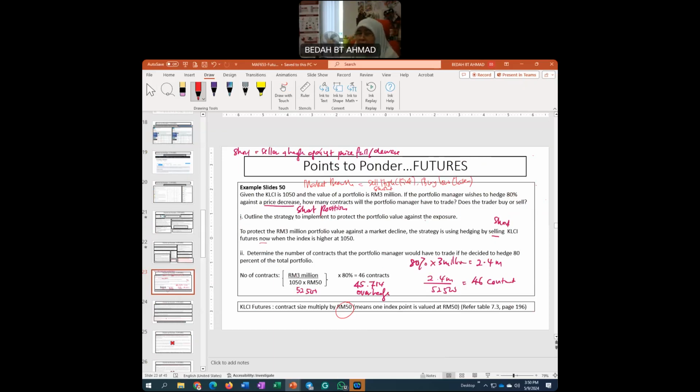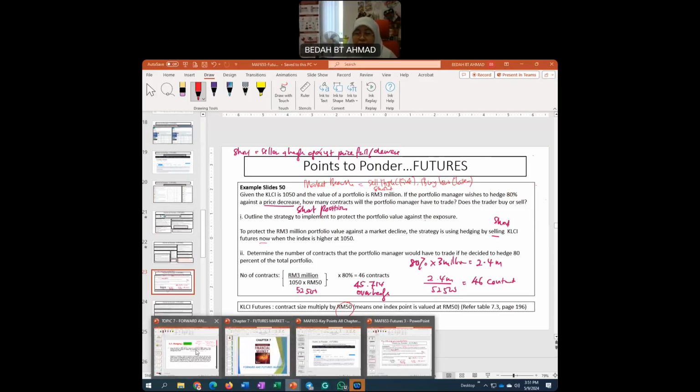To get the number of contracts, you divide the investment to hedge by the index value multiplied by the contract size, 1050 multiplied by 50, which is 52,500. So 2.4 million divided by 52,500 is about 45.714. If you round, it is 46 contracts.